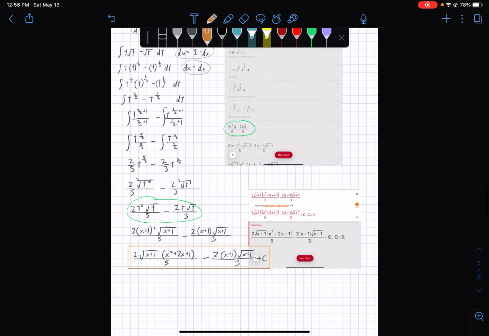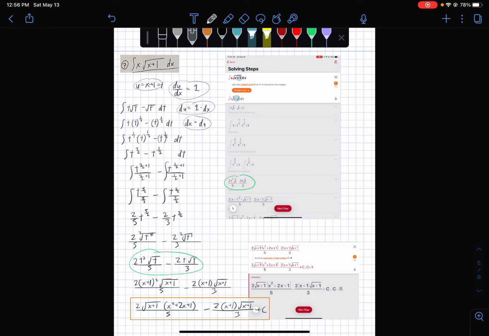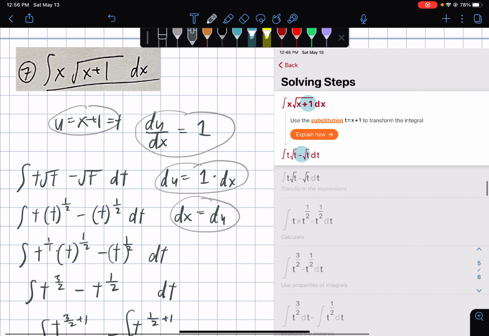Damn, bro. This solution is long. But it all began from this. So that's my biggest question.